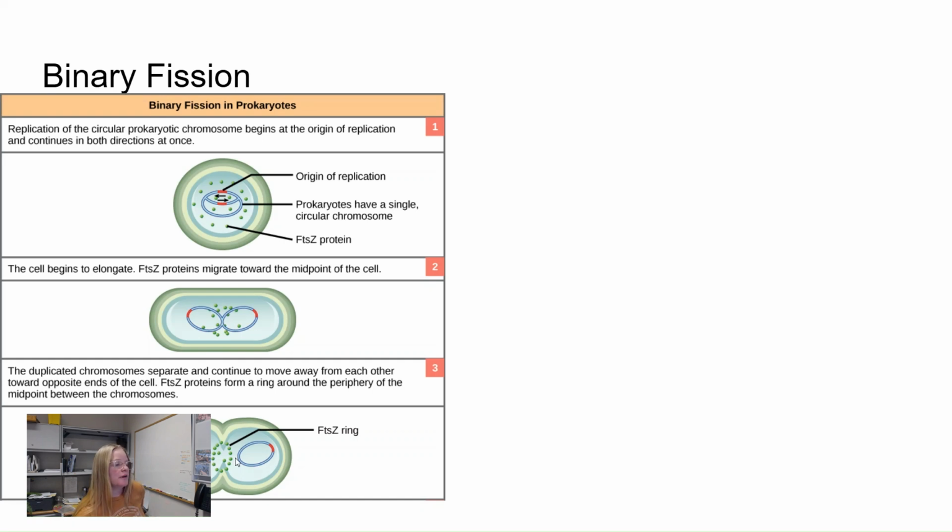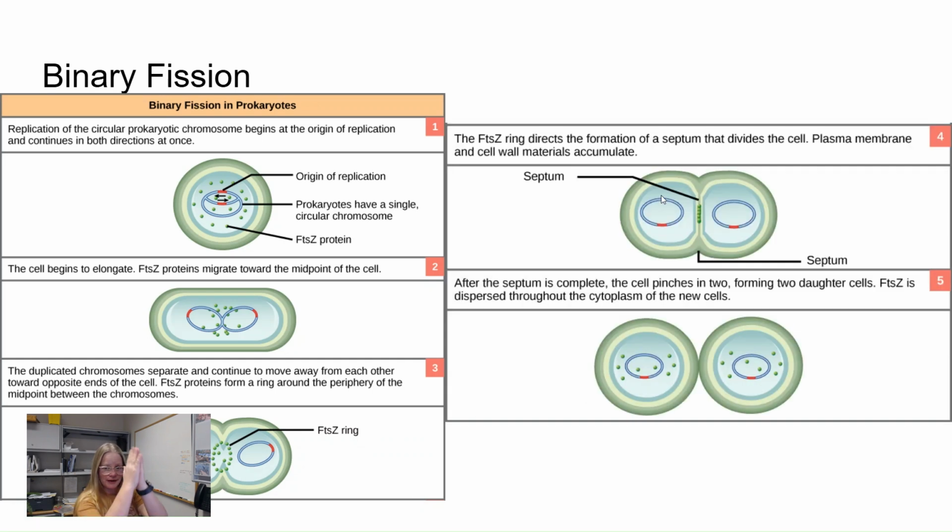Okay. And we're also seeing in the second step, these proteins accumulate toward the center of that cell. And then they're going to form this nice little ring, which is going to pull that plasma membrane toward each other until eventually it's going to pinch off.